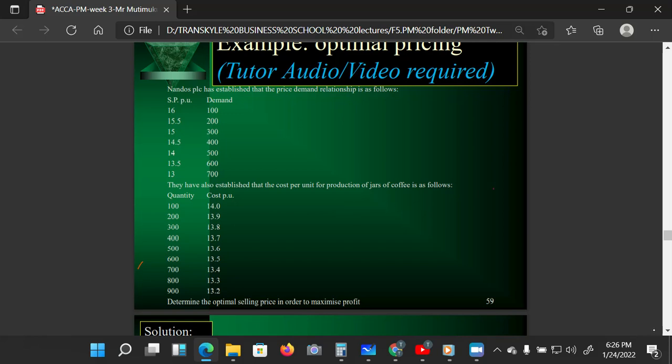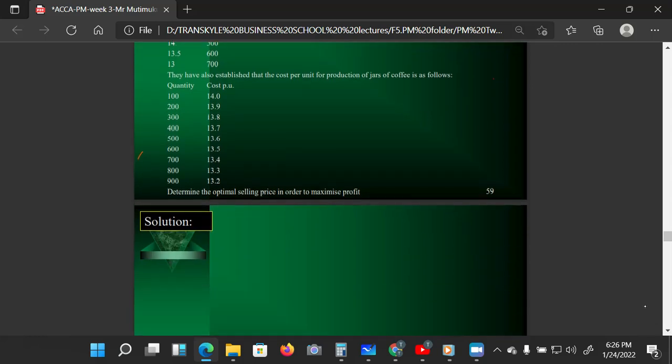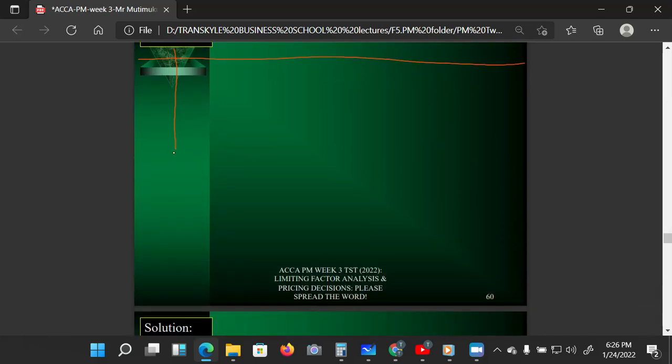I'm not a good artist when it comes to drawing tables, but I'm sure you'll be able to understand what's going on.